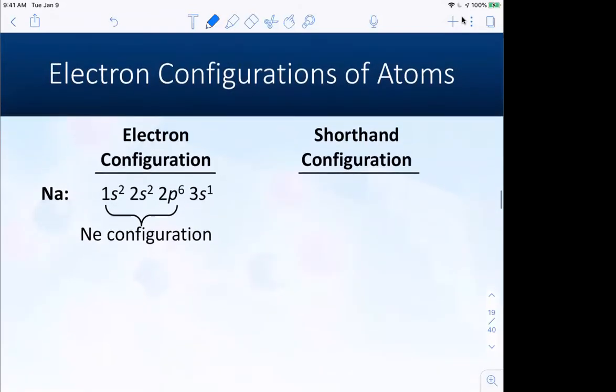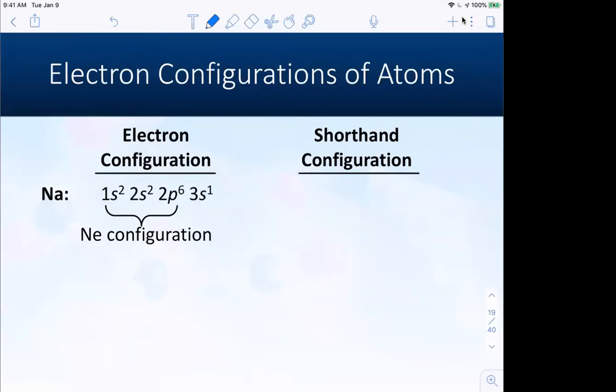There's also a shorthand configuration for these electron configurations. If you get tired, especially when you get to an element like lead, which is atomic number 82, a lot of times you're going, okay, it's 1s2, 2s2, 2p6, and so on, and you always have to write all these different things. So we have an actual remedy for that.